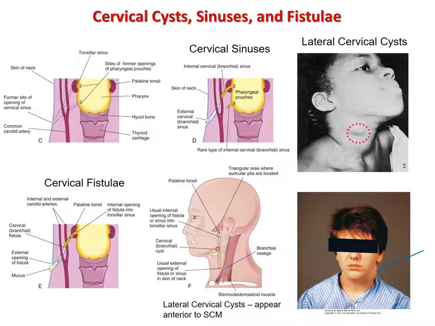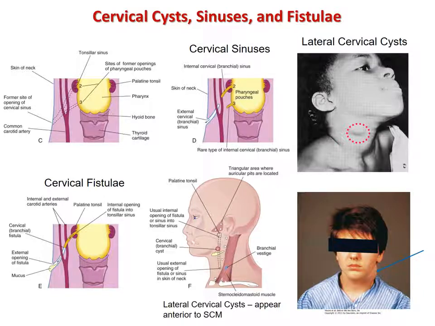Conversely, internal branchial or cervical sinuses may develop between the cervical sinus and the lining of the second pharyngeal pouch in the neighborhood of the palatine tonsil, as indicated in illustration D. Cervical fistulae may form as a channel or tract opened internally at the site of the palatine tonsil and externally in the side of the neck, as indicated in illustration E, due to persistence of the second pharyngeal groove and second pharyngeal pouch.